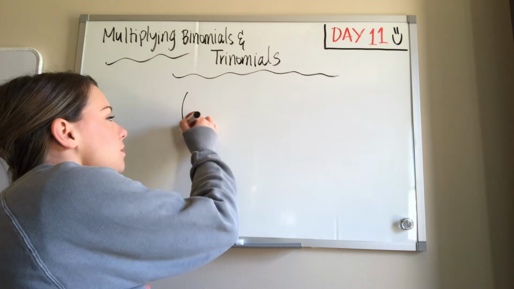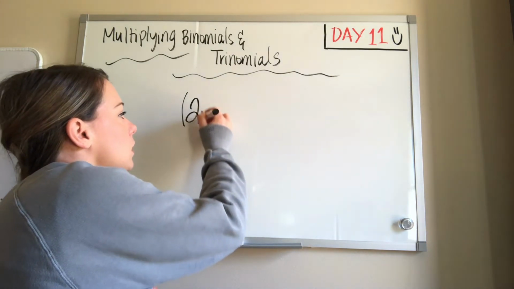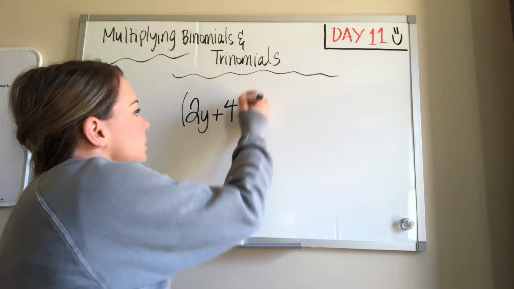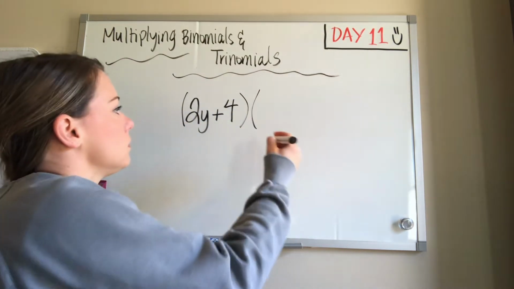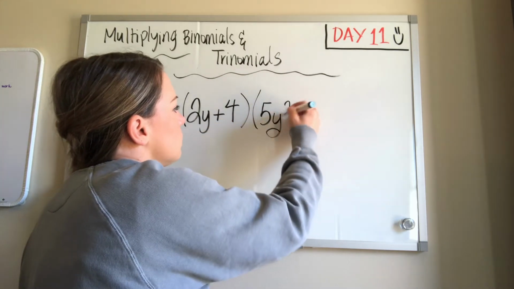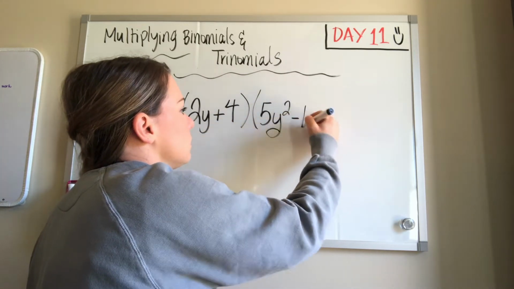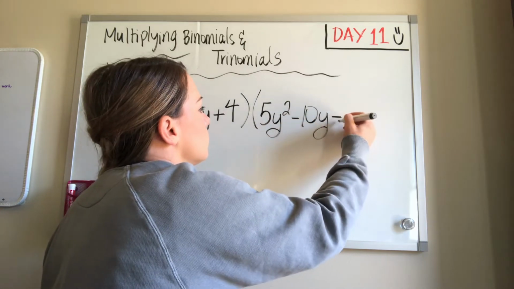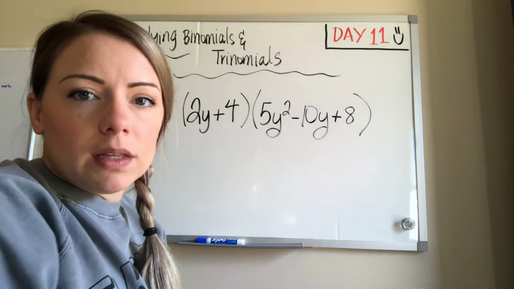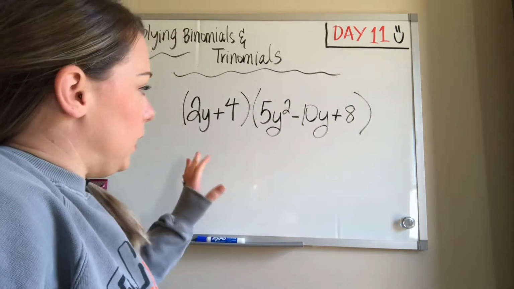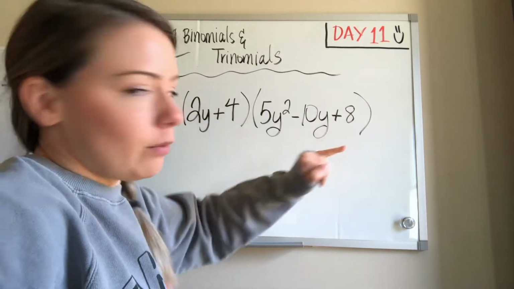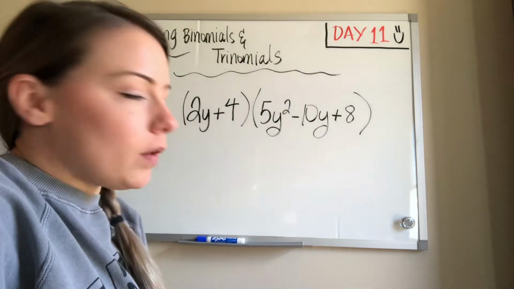So if I gave you this problem, it would be multiplying a binomial, because there are two, by a trinomial, because there are three in that polynomial.